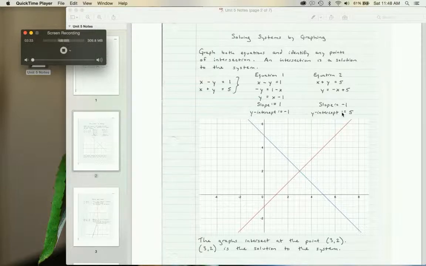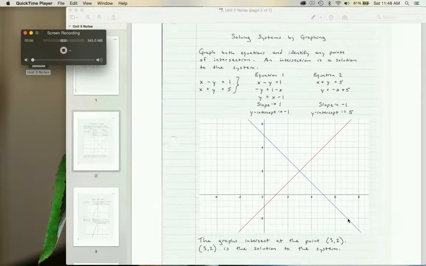Remember, it doesn't matter in a fraction if your negative is on the top or the bottom. It still has the same value if there's a negative on the top or bottom of a fraction. So you can think of this slope as -1 over 1 or 1 over -1. Either way, you will be able to plot this line correctly.